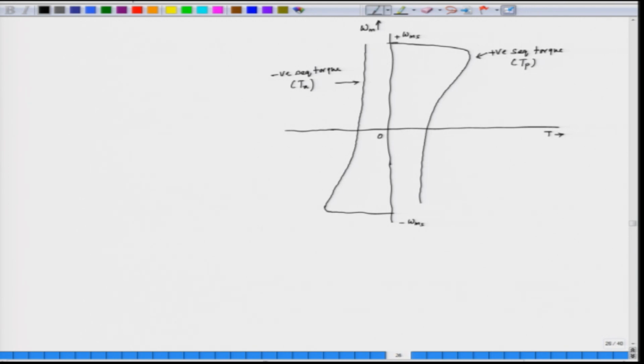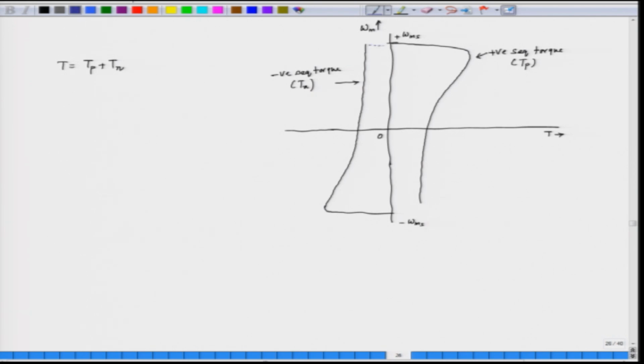Now, the net torque T is the sum of the positive sequence torque plus the negative sequence torque. If we add these two, one is a positive torque, the other is a negative torque, so the net torque will have the following nature.